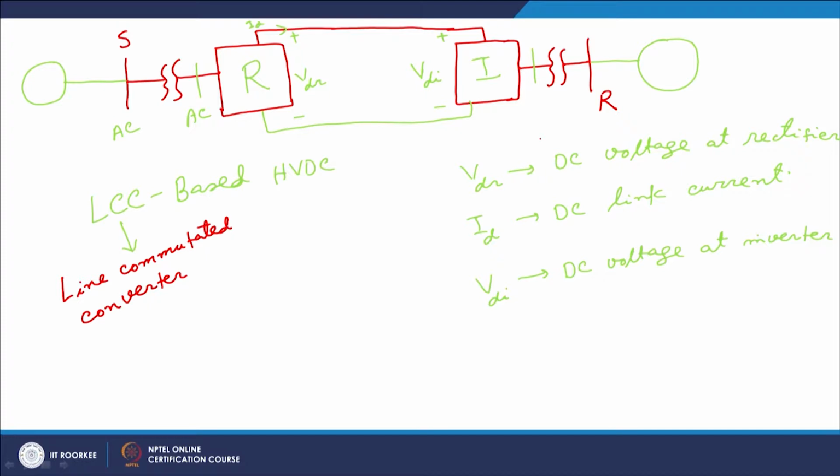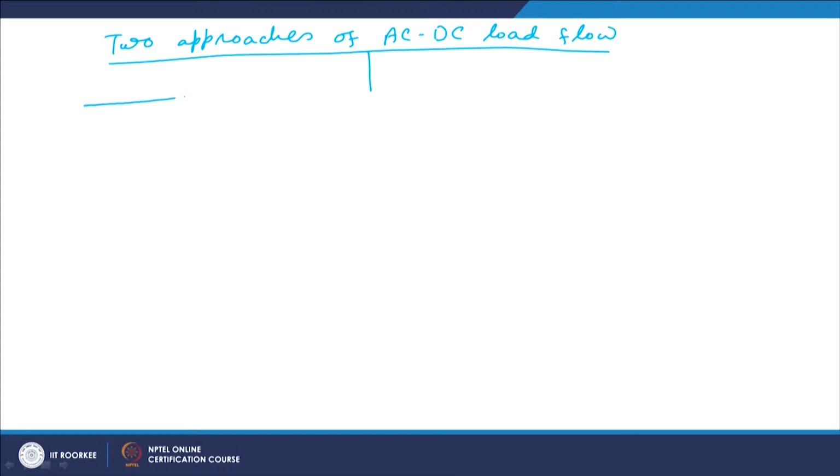These are the two approaches of AC, DC load flow: one is the simultaneous approach and another is called the sequential approach.